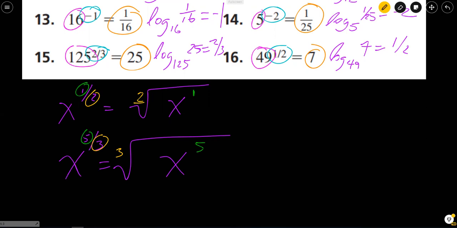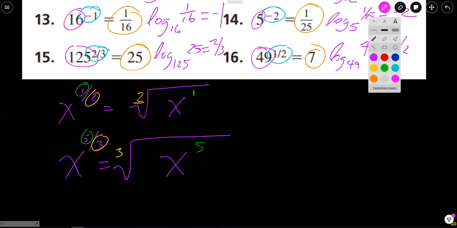So this is saying the third root of x to the 5th power. So what number times itself 3 times, or what number to the third power will give me x to the 5th? And depending on what your numbers are, you might get some kind of crazy decimal there. But that's basically how the notation works.